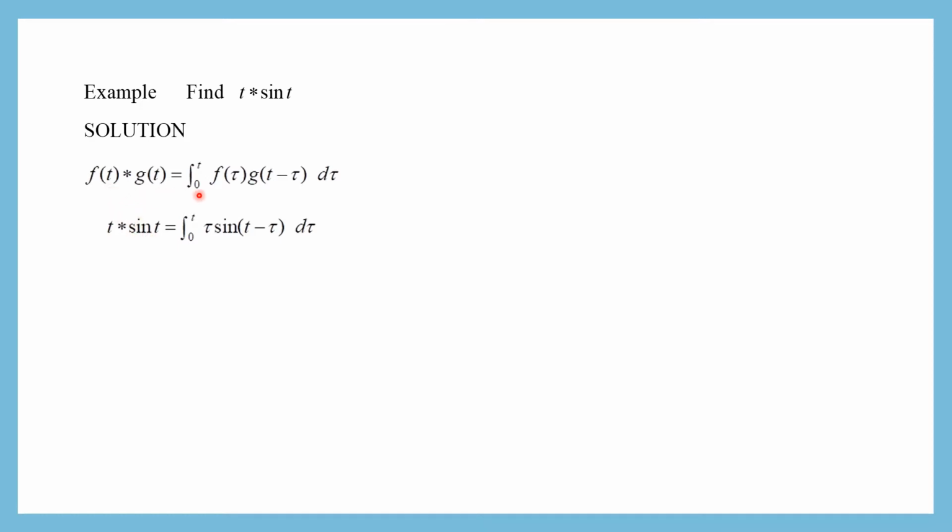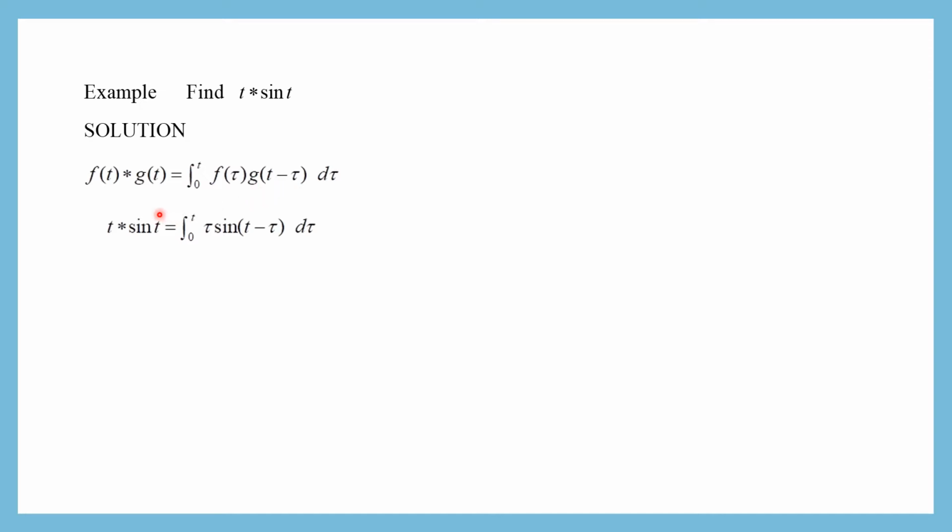According to the definition, for the function f, the t will be replaced by tau. So here, this is my function f. f of t is equal to t, so t now will be replaced by tau. Whereas for the function g, in the definition of convolution, g is initially expressed in terms of t, but in this integrand, g is expressed in terms of t minus tau.